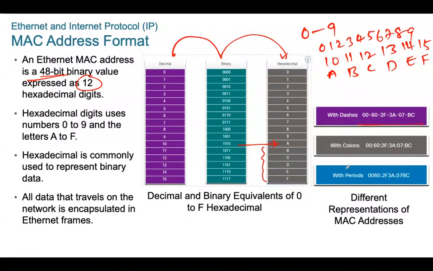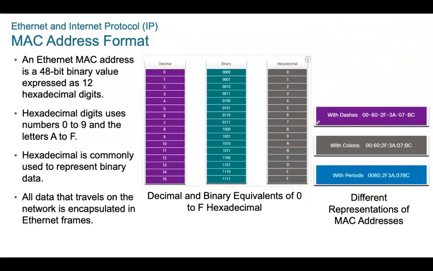So here, let us see this. This hexadecimal can be represented in the form of dashes or colons or periods also. So if it uses the dashes, it uses 2 digits, total 16 bits. So what is its equivalent binary? 0 0 0 0 for the first 0 and 0 0 0 0 for the next 0.